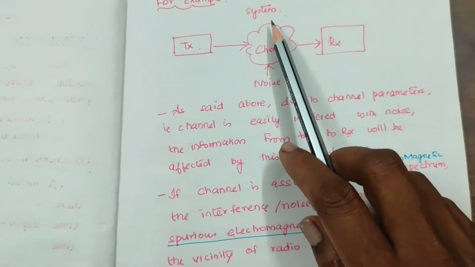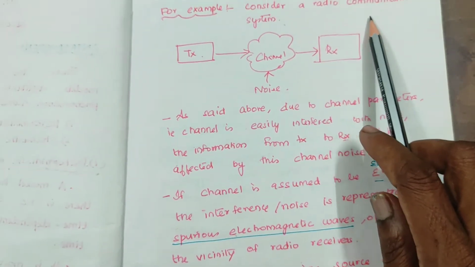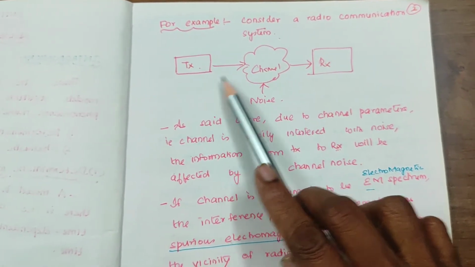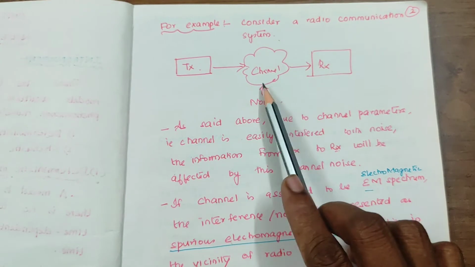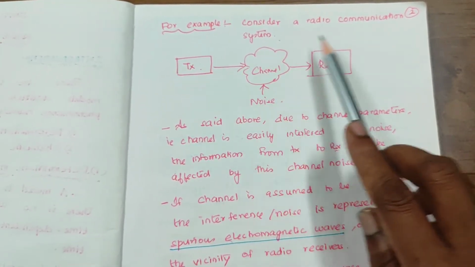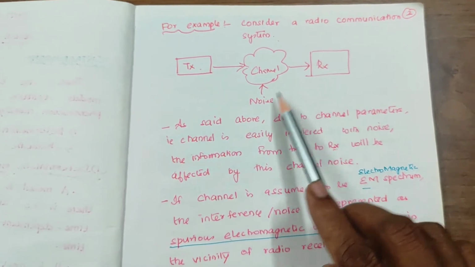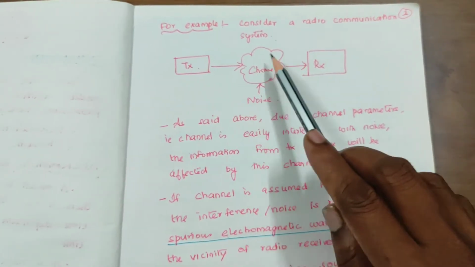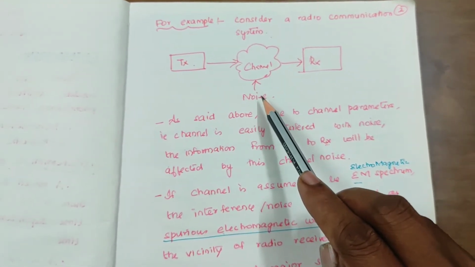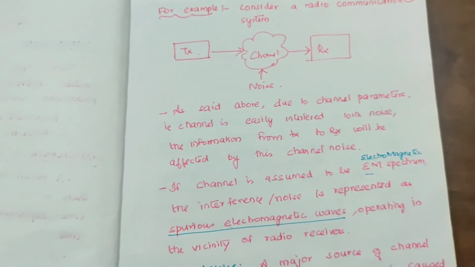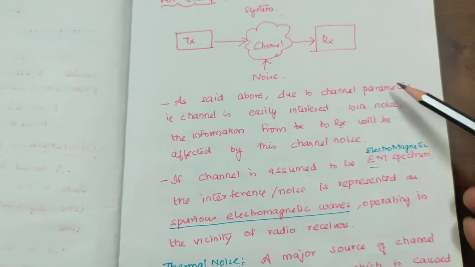For example, consider a radio communication system, where I consider a transmitter and a receiver. Between the source and destination there is a radio communication established through a channel, which is interfered with by noise.